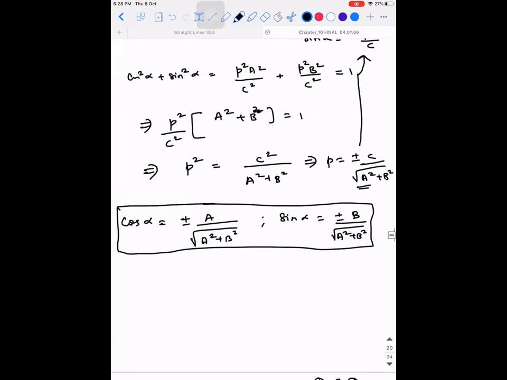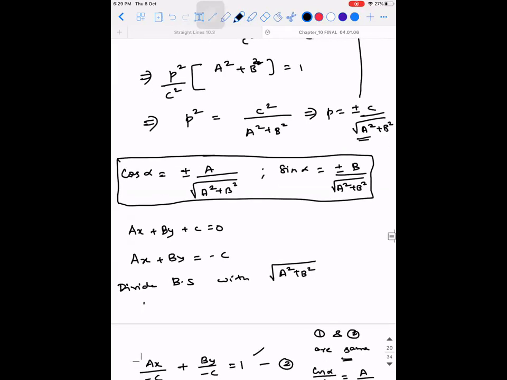So what you need to do is, when a line ax + by + c is given to you, first write it in the form ax + by = minus c, and divide both sides with root of a square plus b square.